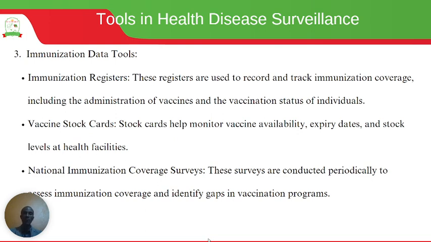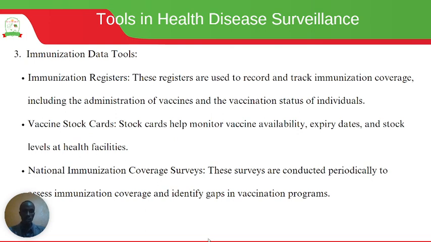And whenever they give out these vaccines, either in the health facility or in an outreach that has been organized by the health facility, they need to make sure that they update their stock to know what is available, what has been used, and always be updated.